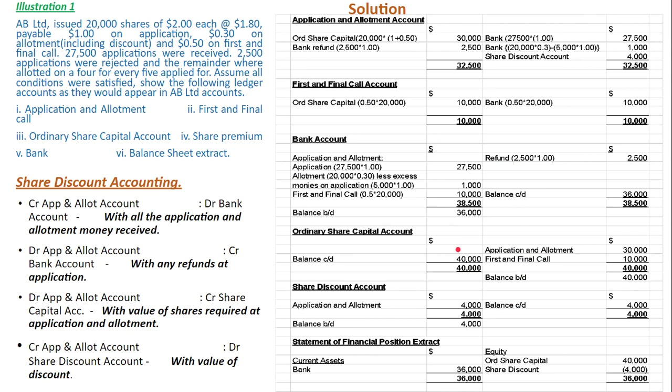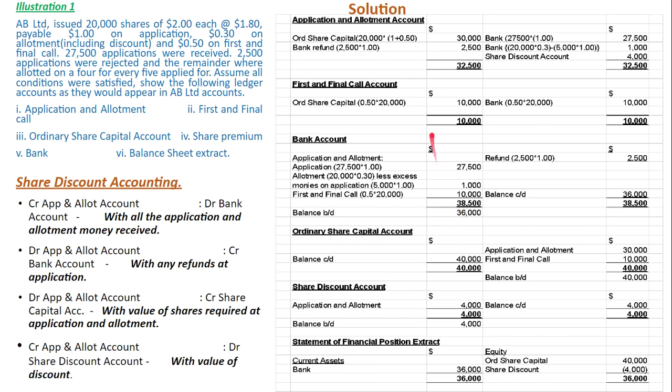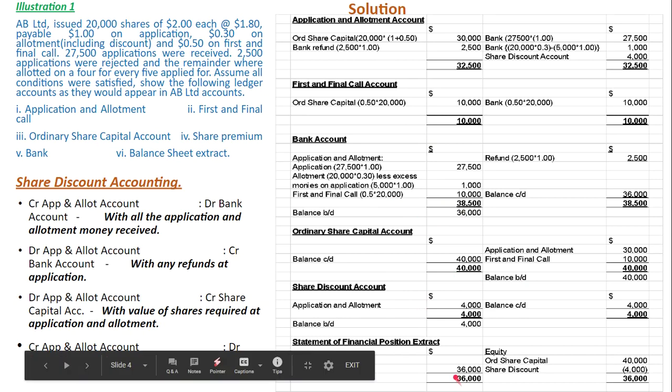For the statement of financial position extract, we can see that on the debit side, we have current assets and we have bank balance brought down of 36,000, which is shown on the debit side of our statement of financial position extract as shown here.